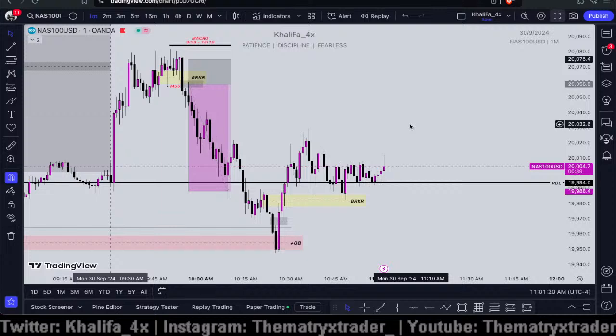Now you see, sometimes what happens is that this is how the market takes out all these buy side liquidities and goes for short.